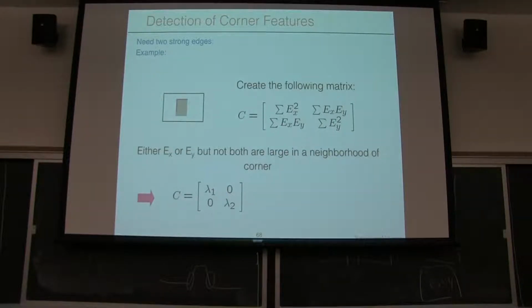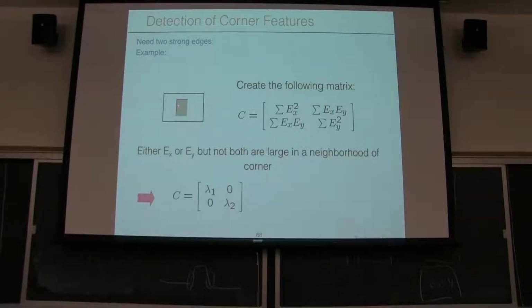So you compute the matrix, you look at it. Is it diagonal? Then I say I have a corner. What happens when I compute this matrix around here, in the middle of the rectangle? What do I get? Zeros. What happens if I do it here? Zeros.